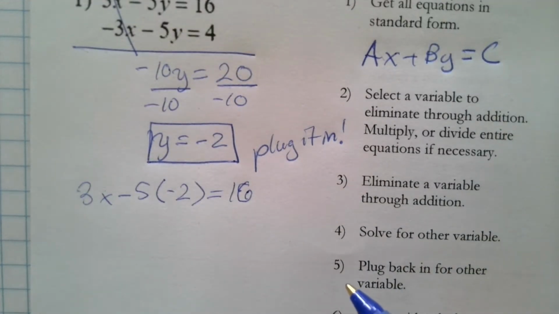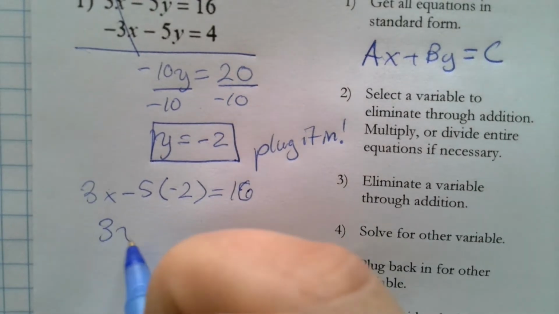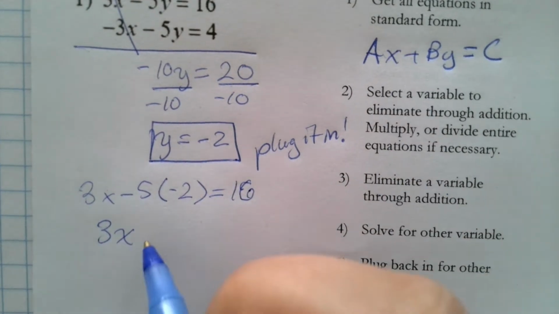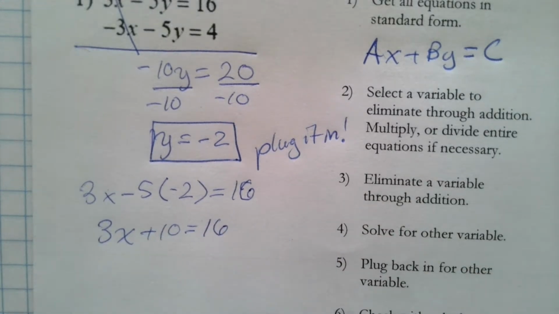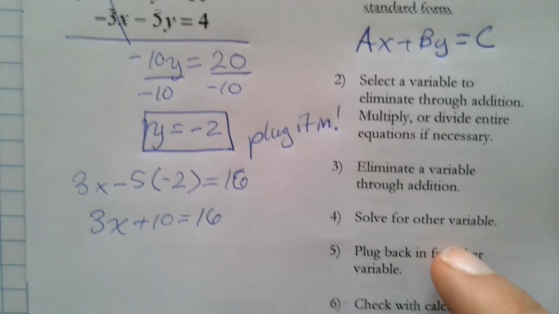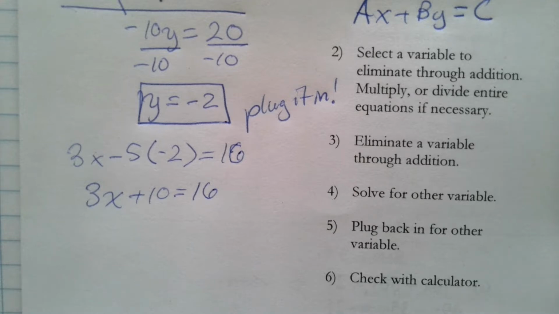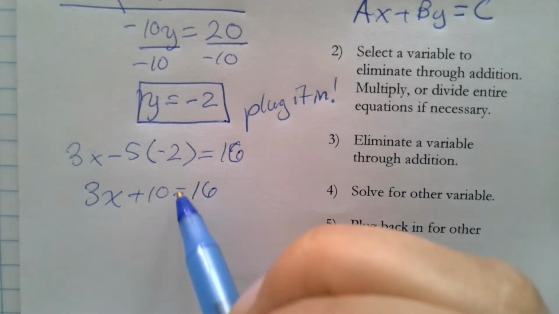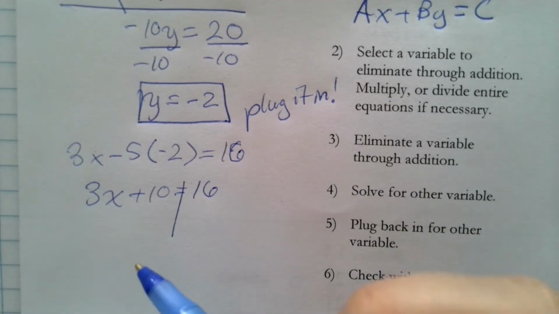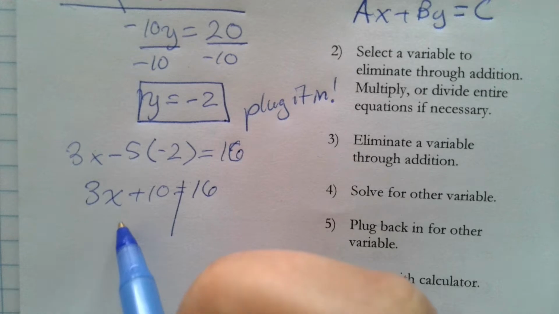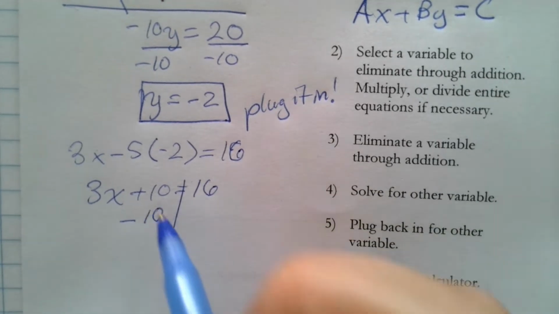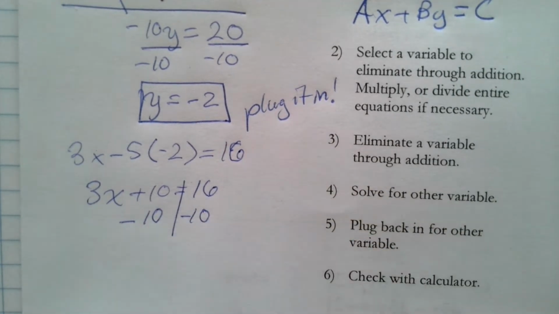Maurice, negative 5 times negative 2? Corian, how do I get that x by itself? What do I got to do? Subtract 3. Nope. Your subtract is good, but what are we going to subtract? We're taking away the 10.